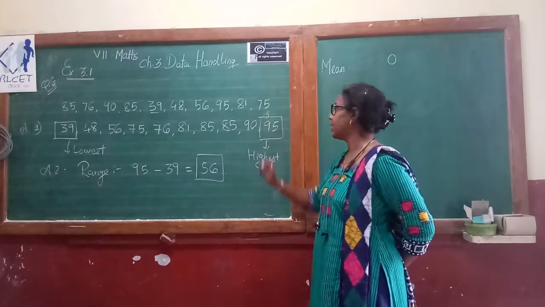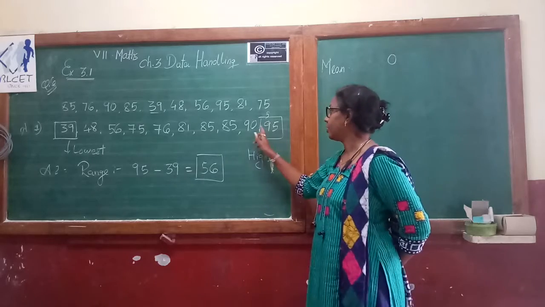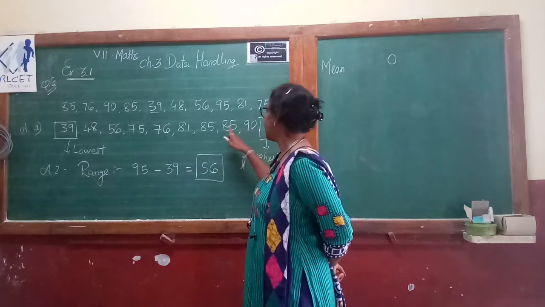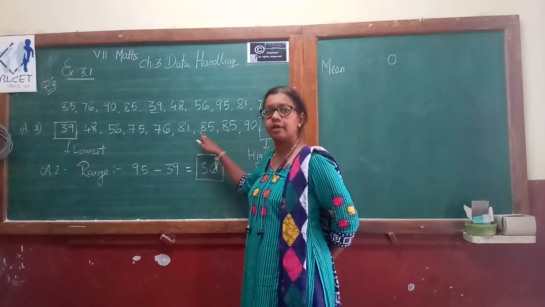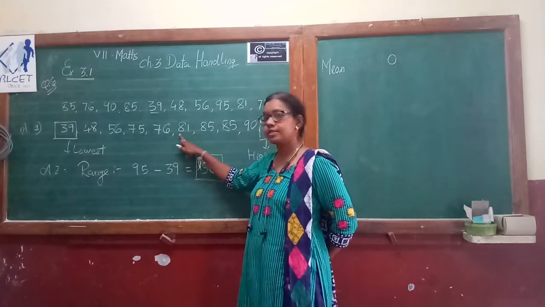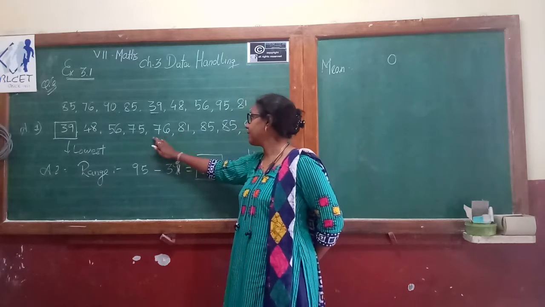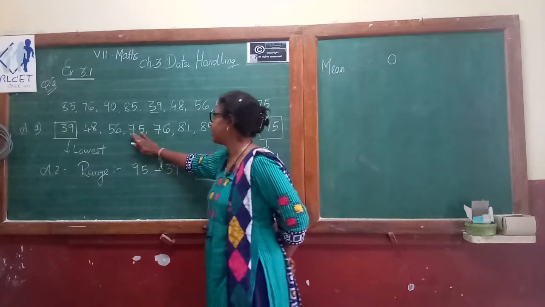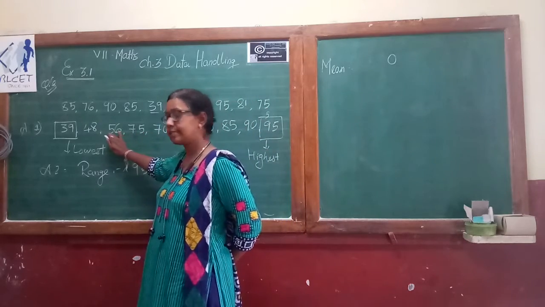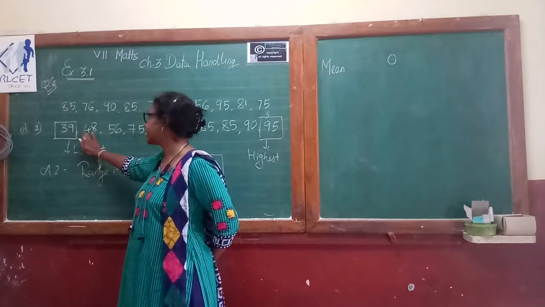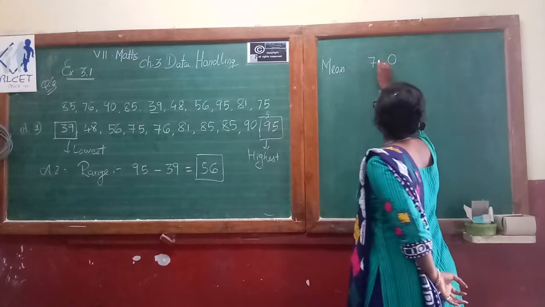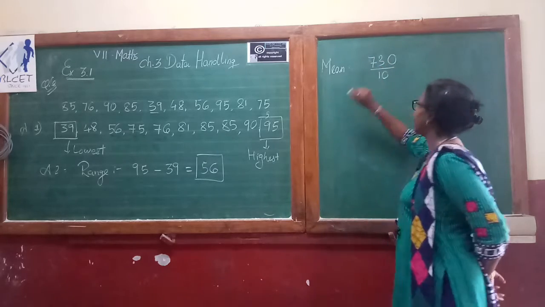So 5 plus 9 is 14, 14 plus 9 is 23, 23 plus 8 is 31, 31 plus 8 is 39, 39 plus 8 is 47, 47 plus 7 is 54, 54 plus 7 is 61, 61 plus 5 is 66, 66 plus 4 is 70 and 70 plus 3 is 73. 73 divided by 10.